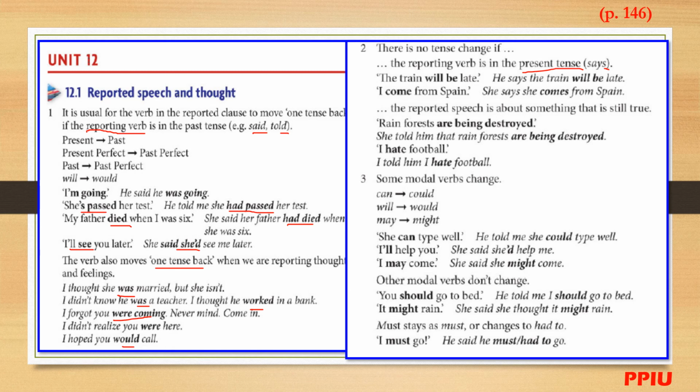Okay, the reported speech is about something that is still true. Rainforests are being destroyed. She told him that the rainforests are being destroyed. It's true, right? I hate football. I told him I hate football. Okay, I will explain number 2 in Khmer before we move to number 3, right.